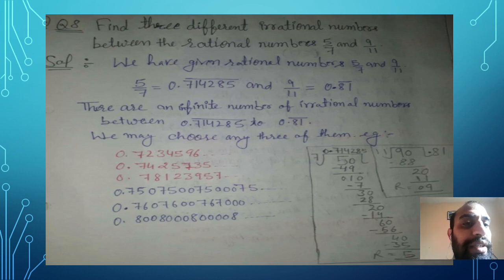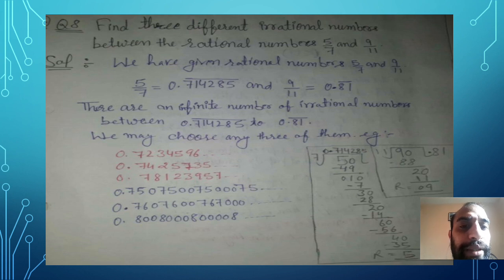That means any example may start from 72, 74, 78, and you can select. So you can see downside I have selected some examples. There are infinite numbers of irrational numbers between these two rational numbers. We may choose any three of them.